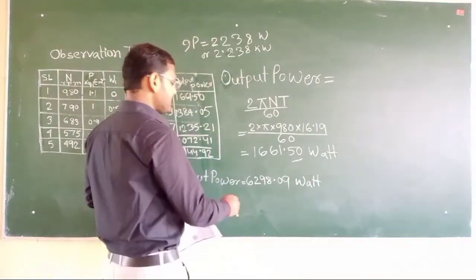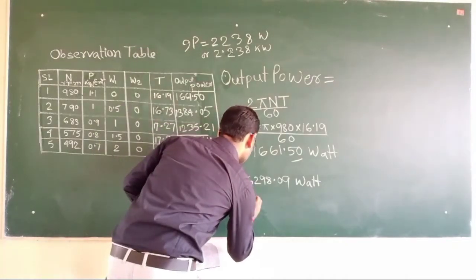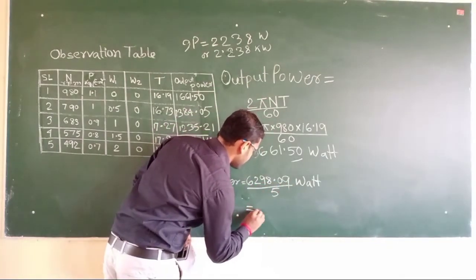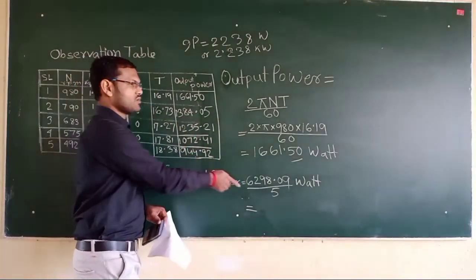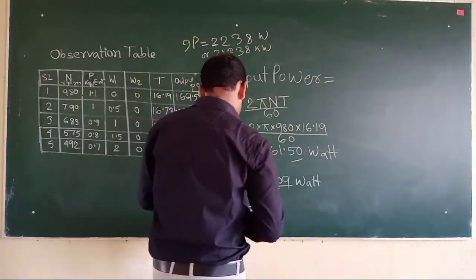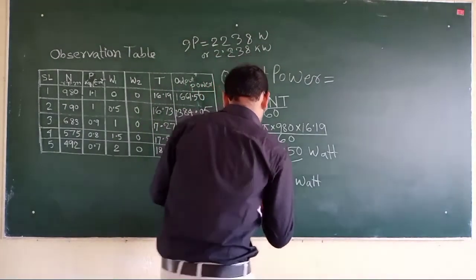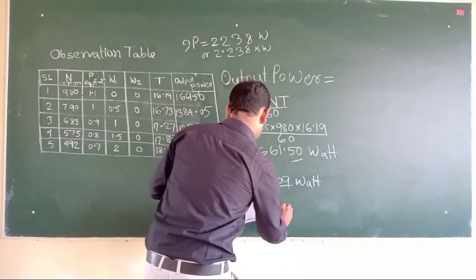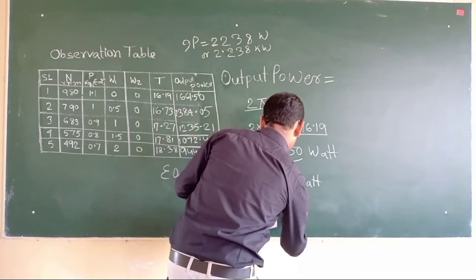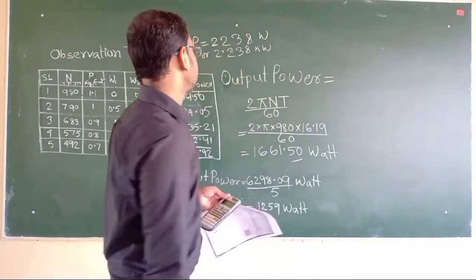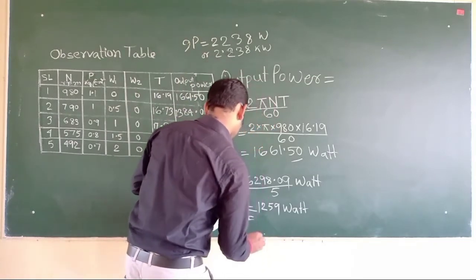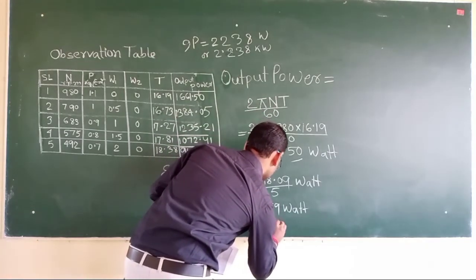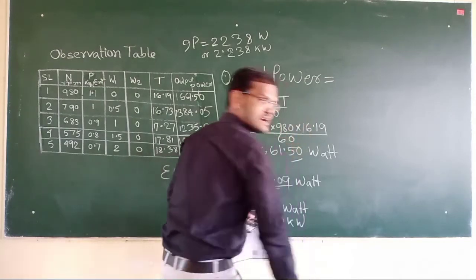And the mean value of output power equal to, we divide it by 5, because we get 5 readings, so we divide it with 5, then we get the value 1259 watts, equal to 1.259 kilowatt.